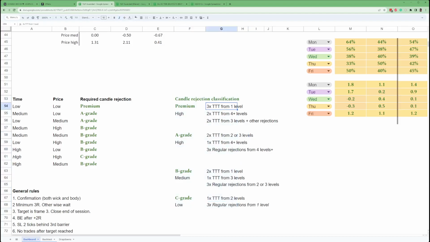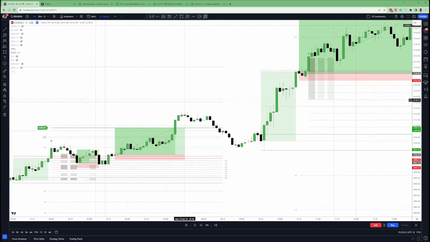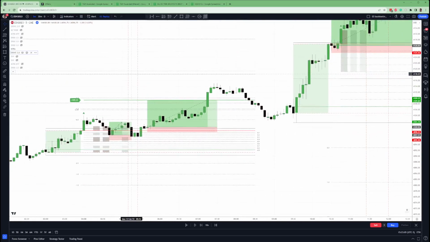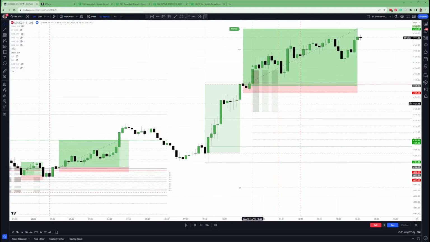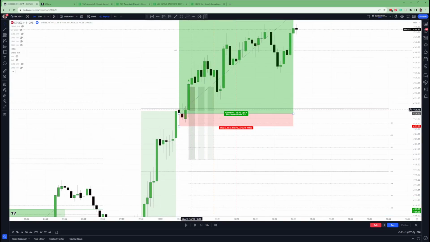To the tick is not, I don't think it's very discretionary. Just to give you some examples of this one, this regular rejection is when it just wicks through a level and then closes above. That would be, let's see, like here, the open is here, it goes through the close in the IDR and then closes here.